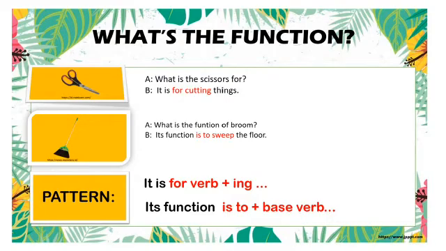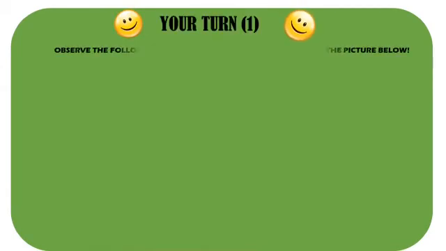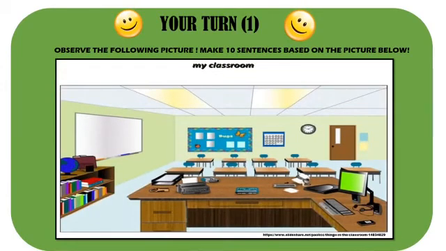Well, now it is your turn. After you learn some material, for your first exercise, you can observe the following picture and make 10 sentences based on the picture below. Remember, you can use your own words when you make the sentences.